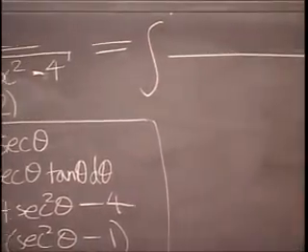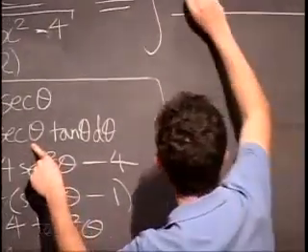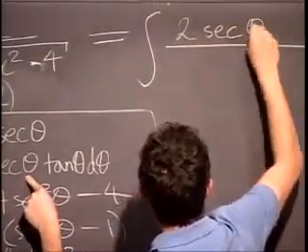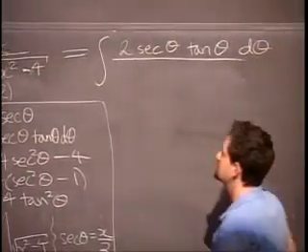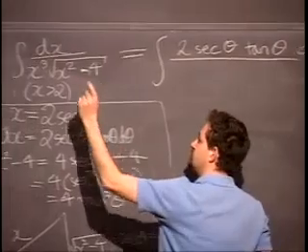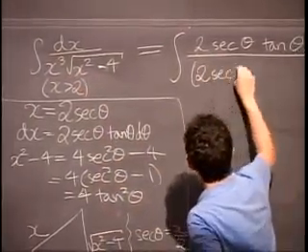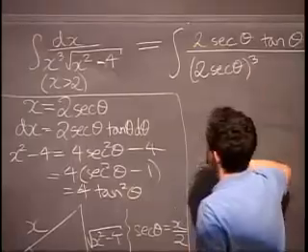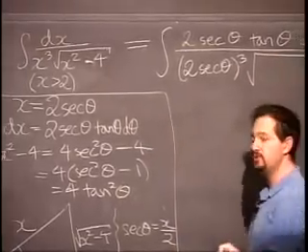On the top, we have dx, which according to this is 2 secant theta tan theta d theta. Here we have an x cubed, so I'll write that as 2 secant theta all cubed. And here we have a square root of x squared minus 4.